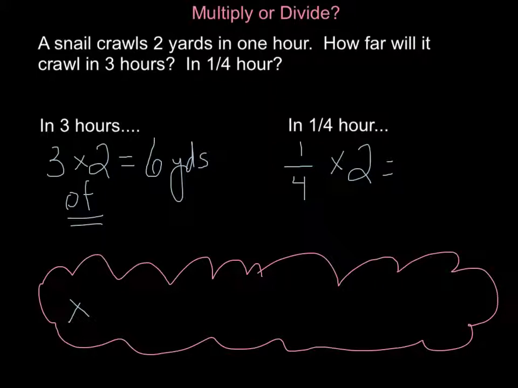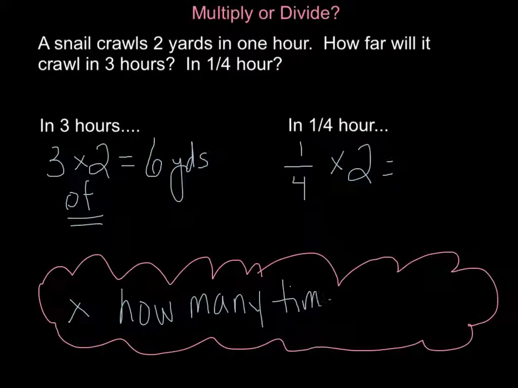So that's the thing. How many times are we taking the number? That's why a lot of times when I talk in multiplication, I don't say 3 times 2, I say 3 groups of 2, 1/4 of 2 instead of 1/4 times 2.